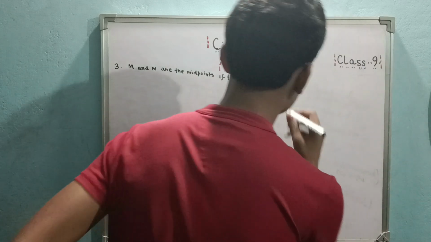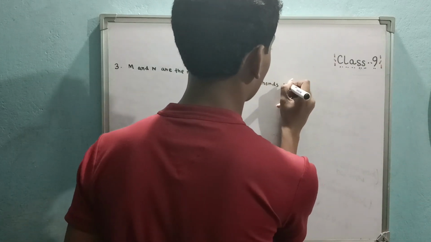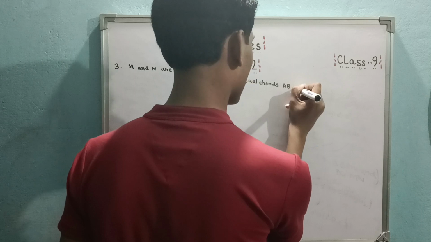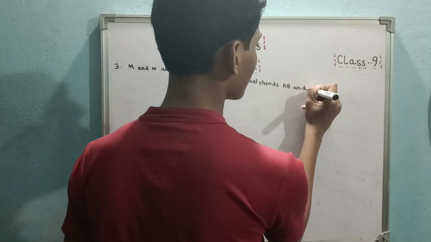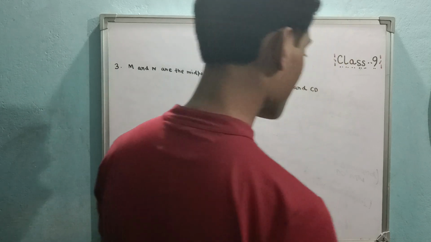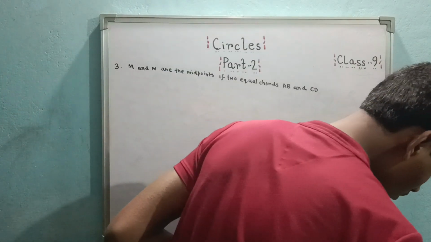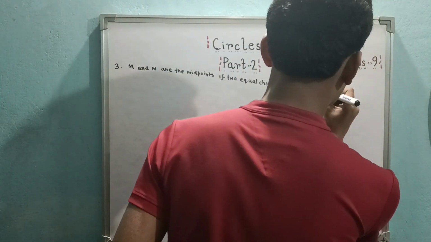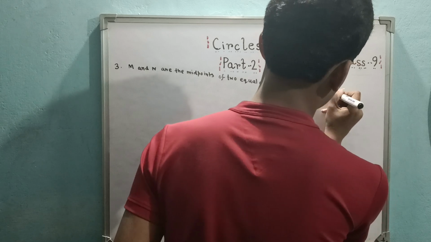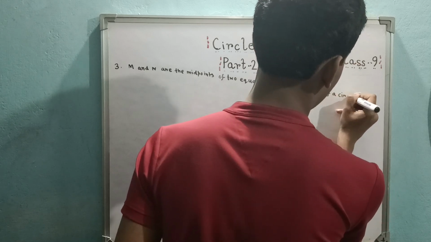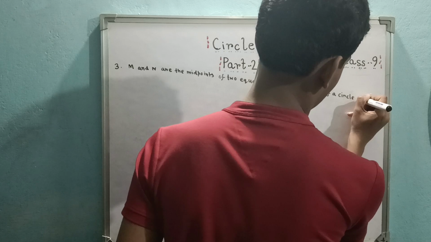AB and CD. It's a good question, but actually the logic is easier than the previous one. You have to apply Pythagoras theorem here. We will just see how it's done. Of a circle with the center O.